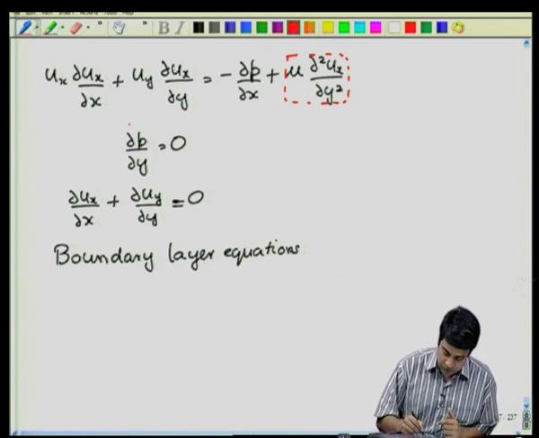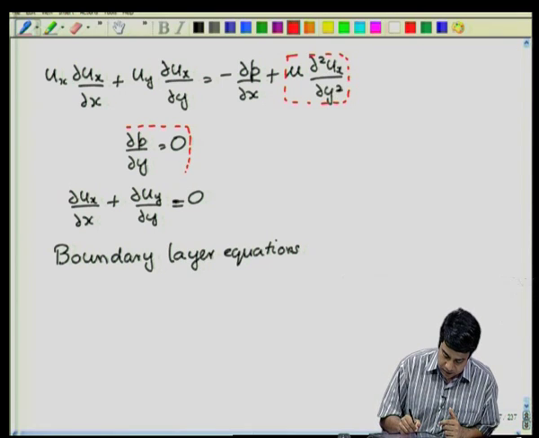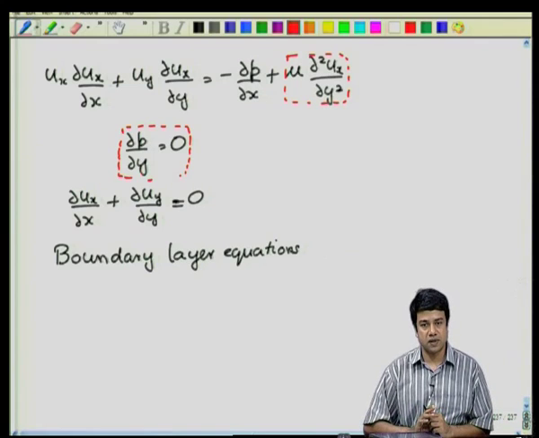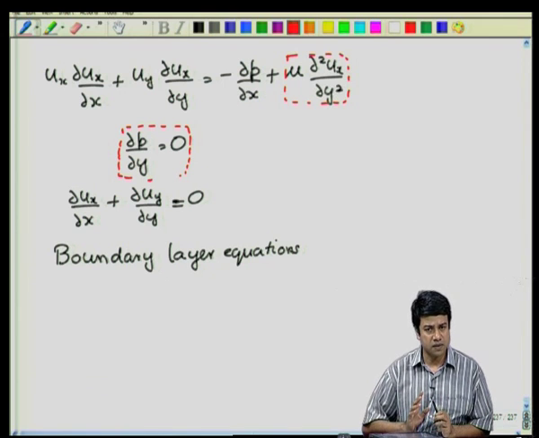And a common feature of all boundary layer equations is that this pressure gradient in the cross stream direction is always equal to 0. The reason is that if you have to generate a pressure gradient in that direction, there has to be some flow in that direction. The velocity in the y direction in all of these boundary layer problems is always very small compared to the velocity in the x direction.